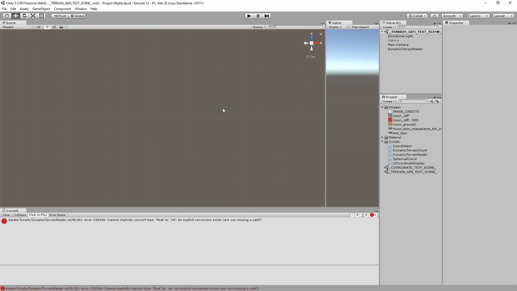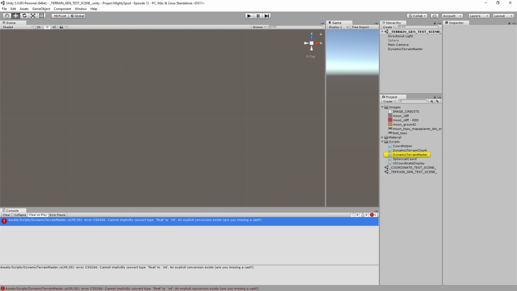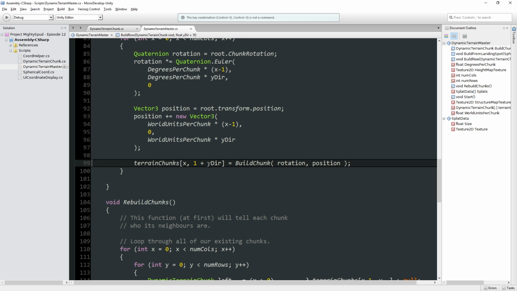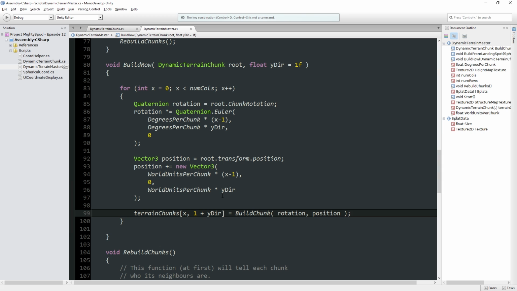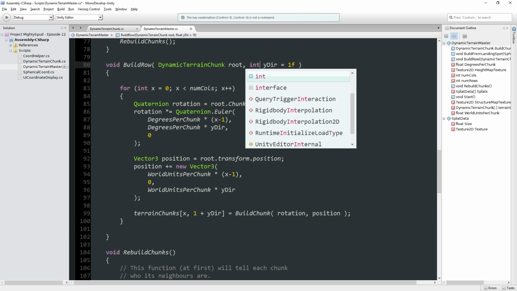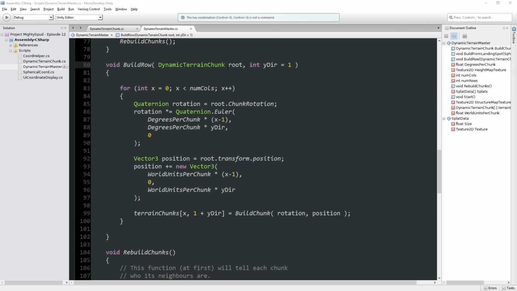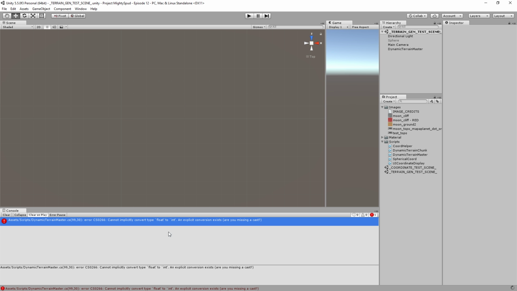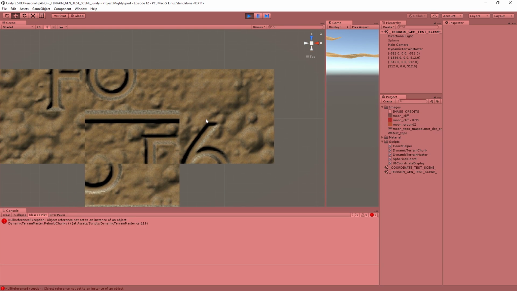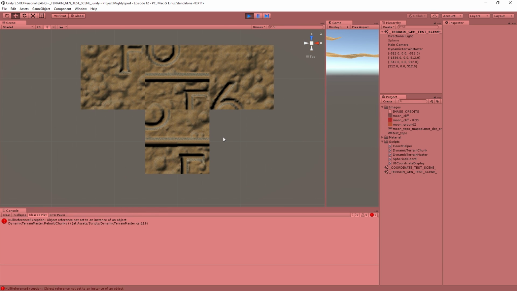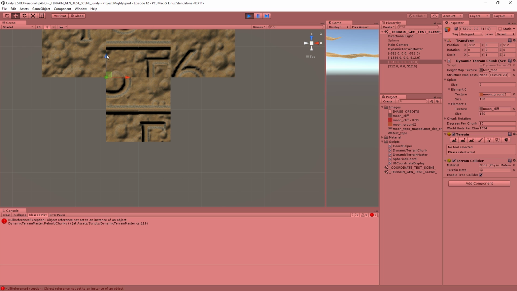So we've got to kill the program. And apparently we're doing a float to int conversion. Actually, just make this an int. I think that is entirely reasonable. Okay, hit play. Oh, we ended up doing the same chunk twice.